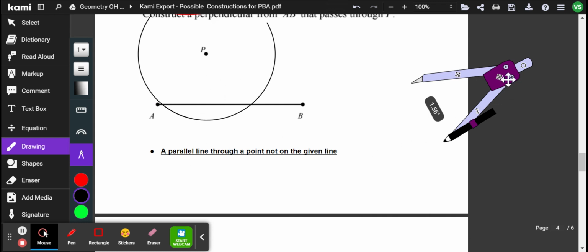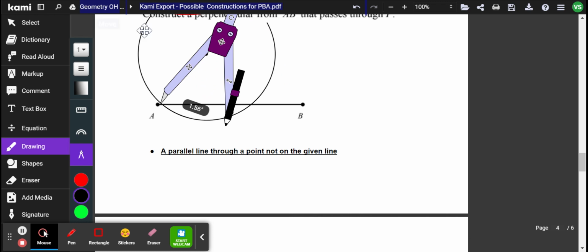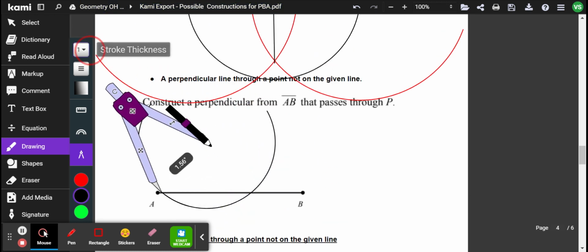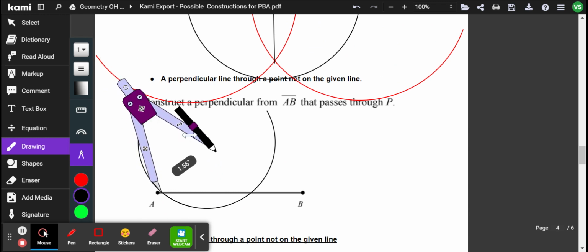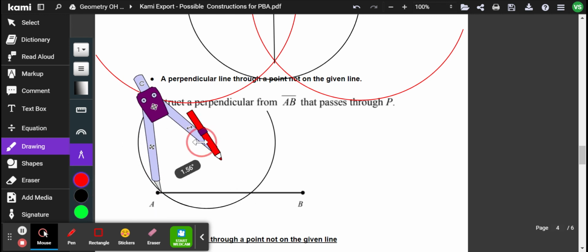So once I do that, I come here at the intersection, right? I don't have much space to work with, so this is a little bit annoying. Once this is a little more than this segment here, I can make my circle right here.